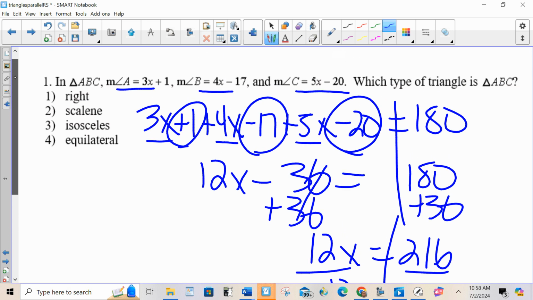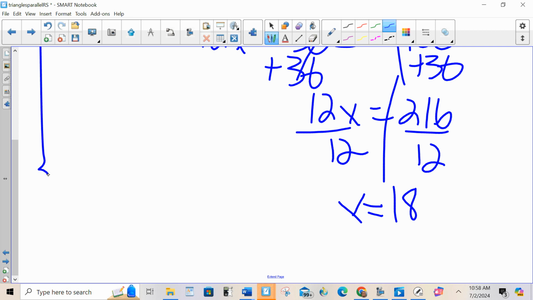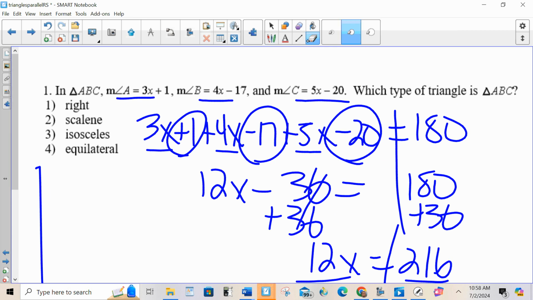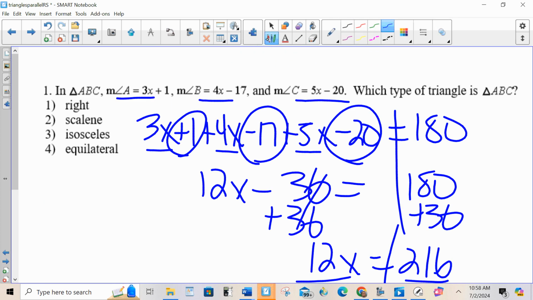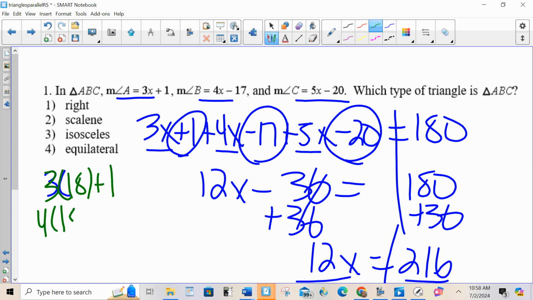Now that I have x, I need to substitute that in to my original expressions. So we said that x was 18. So now I'm going to do 3 times 18 plus 1, 4 times 18 minus 17, 5 times 18 minus 20.